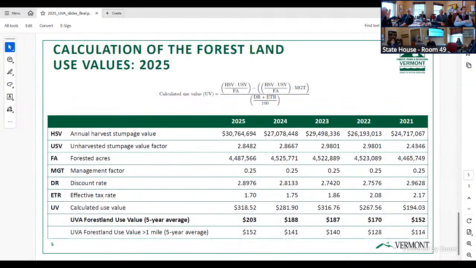Let's see. I'm going to try to make a question out of this, not provide testimony. This is one of the exciting things about Vermont's forests: the percentage of Vermont's landscape that is forested.